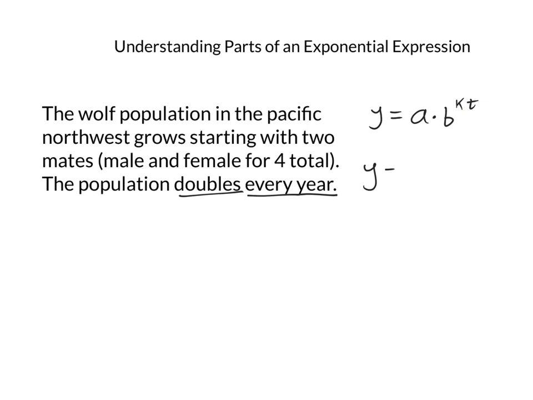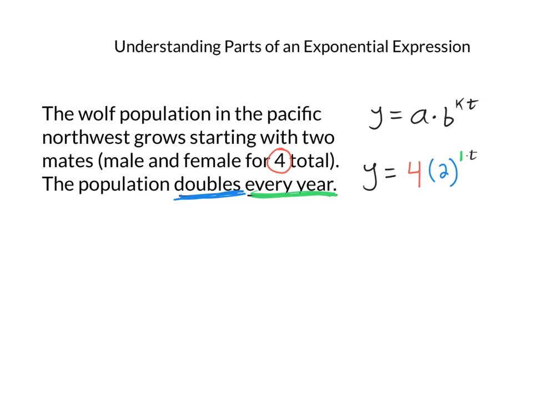Maybe I'll do this a slightly different way. I will start with my A is 4, so I'm going to do 4 in red. And doubling is in blue. So I think about doubling every year. So every year is that K thing, and so my K is going to be 1, and then T is essentially my variable.